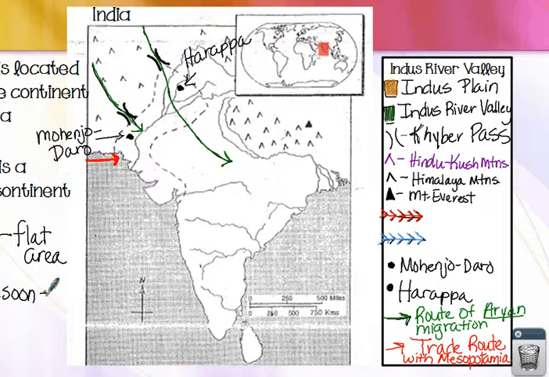All right, the monsoons in India are pretty predictable. The reason that they are predictable is because they are seasonal. It depends on the wind patterns, whether it's the wet season or the dry season. Most of India has a hot, humid climate, but the monsoons can really influence what's going on in India.